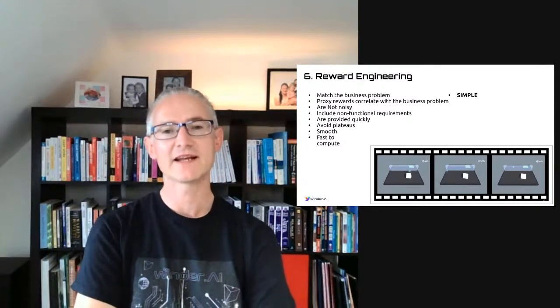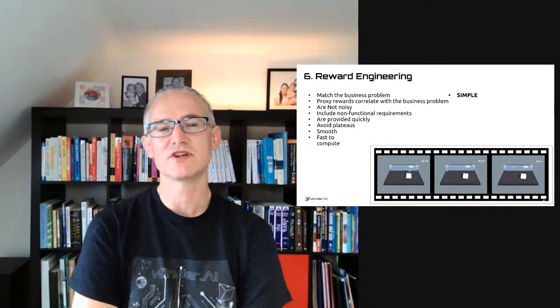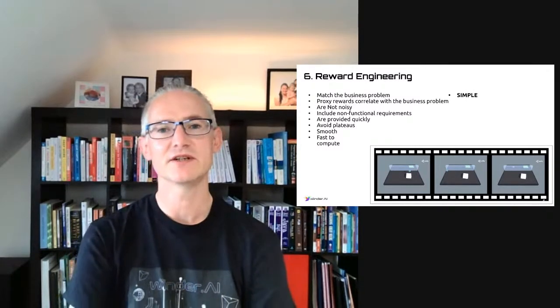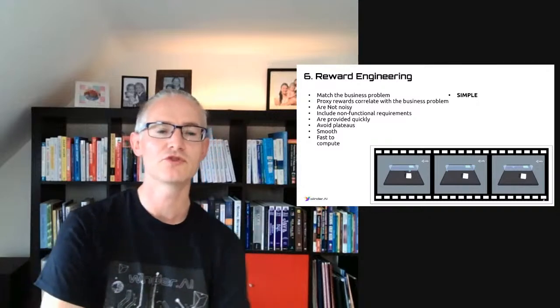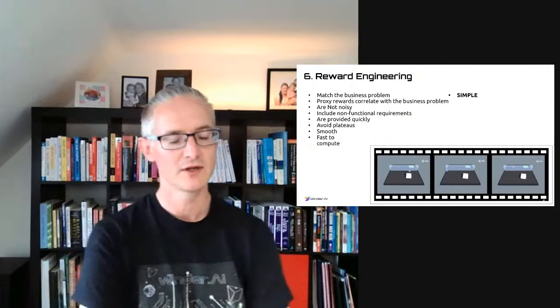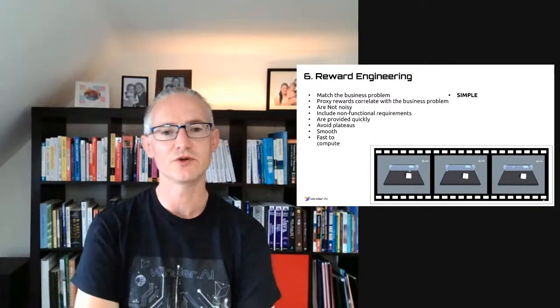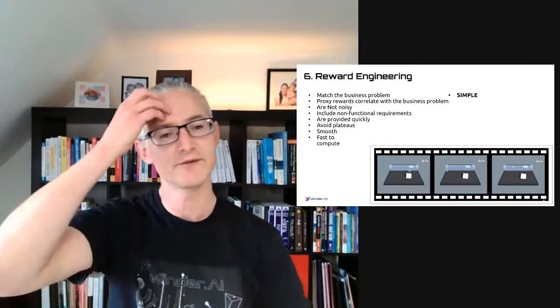But in machine learning, you're lucky if you're in that situation. Most of the time, you have to use some kind of proxy metric that correlates with that business problem, because it's just not feasible to use the direct metrics.